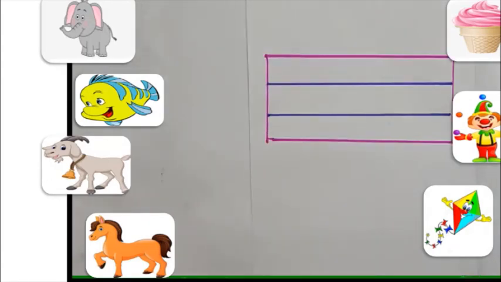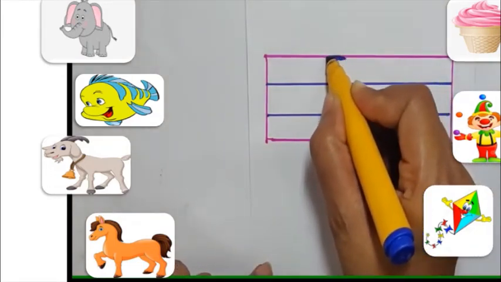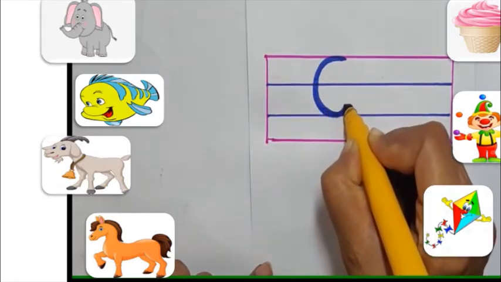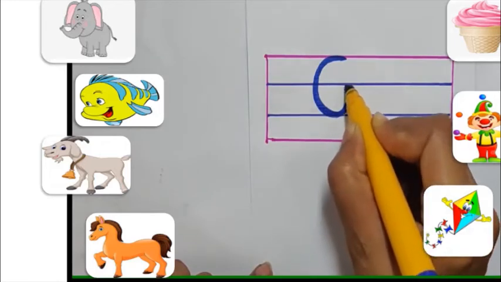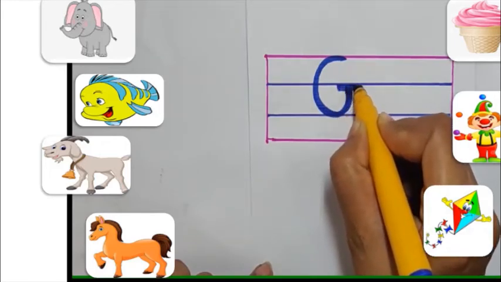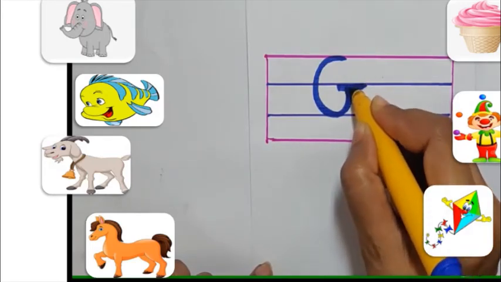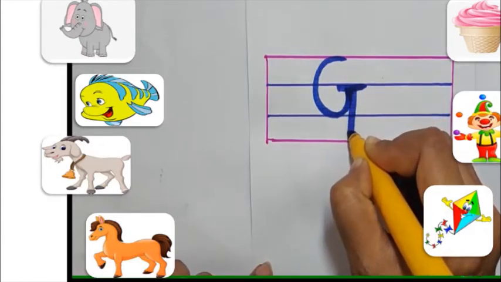Next letter G. Half circle. Take it a bit up towards the center line. Then stretch a sleeping line, and then from the center of the sleeping line, let's draw a standing line.